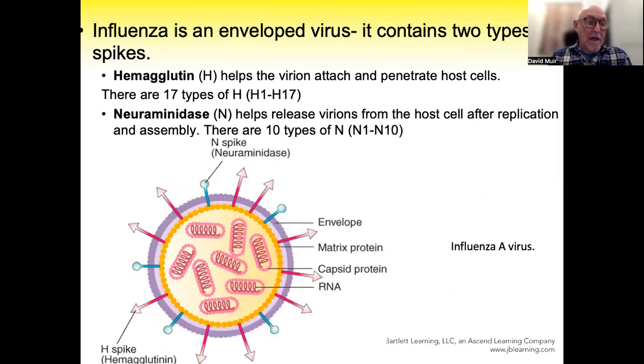Okay, so it's an enveloped virus, and on the surface of the envelope, there are two kinds of spike. And the first are called the hemagglutinin spikes, or the H spikes.